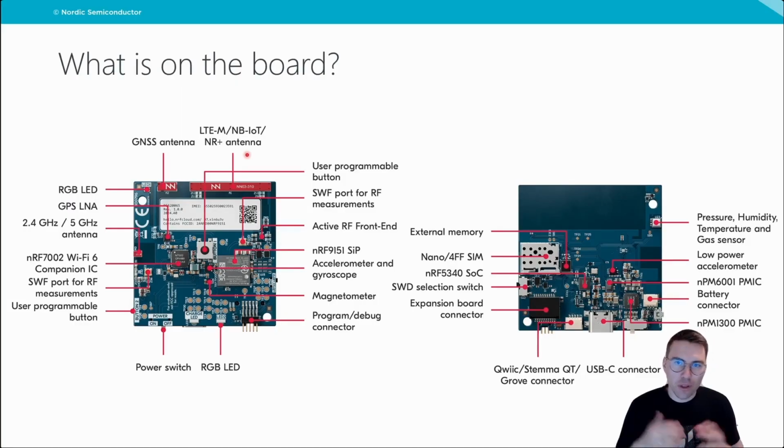But if you are in a good environment but have a bad antenna, the nRF9151 needs to compensate and have to increase the output power, and therefore also using more power consumption.